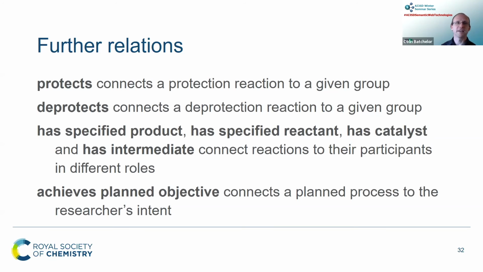Deprotection is another example of these, and then throughout the ontology we specify products, reactants, catalysts, and where relevant, intermediates. And as part of the workings of the ontology for reasoning purposes, there's an achieved planned objective. That's a sort of advanced topic that I'm not going to spend too much time on.